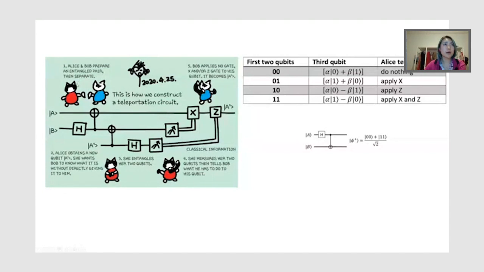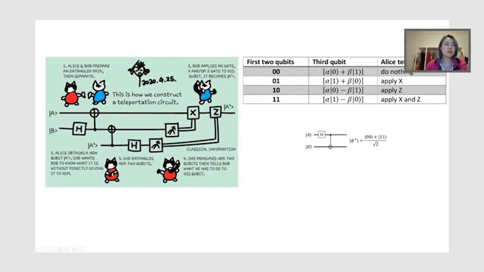They first would prepare a pair of entangled Bell states, and then Alice obtains a new qubit, A dash, and she wants Bob to know what this is, but she can't directly tell him. For the sake of argument, she maybe doesn't want other people to see it, or whatever reason, she cannot directly give Bob A dash.